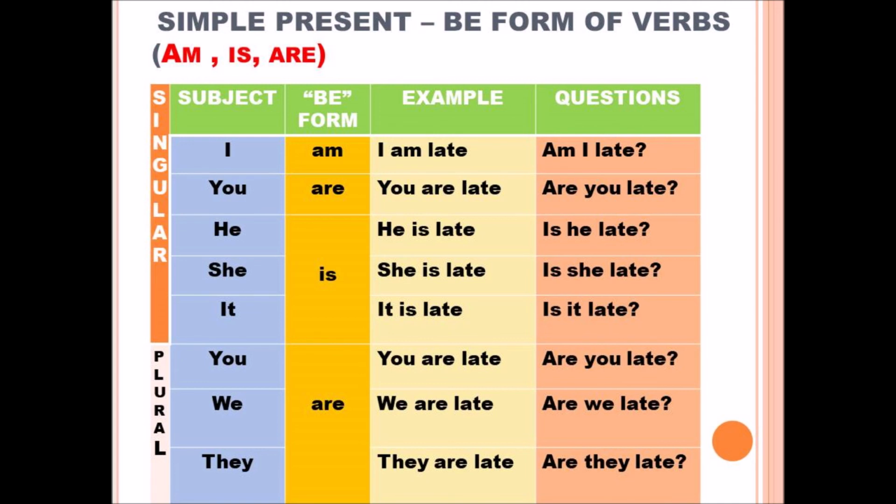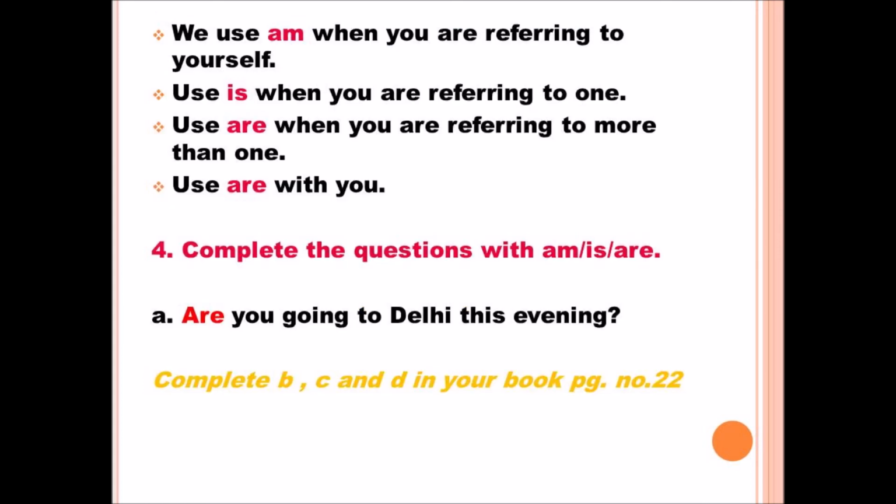So this is how we have to form questions with these be form of verbs am, is, are. Let us see in the exercises now. So we use am when you are referring to yourself, that is ourselves. For example, I am late.